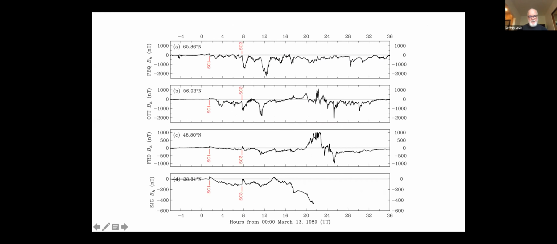You see at the top here, these 2 Canadian stations are doing quite well. Ottawa is very important to us because it's close to the United States. We're going to especially rely on those data for modeling, and I show here the Fredericksburg data and the San Juan data for the March 1989 storm.